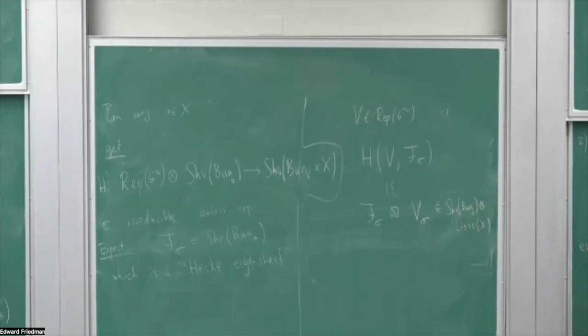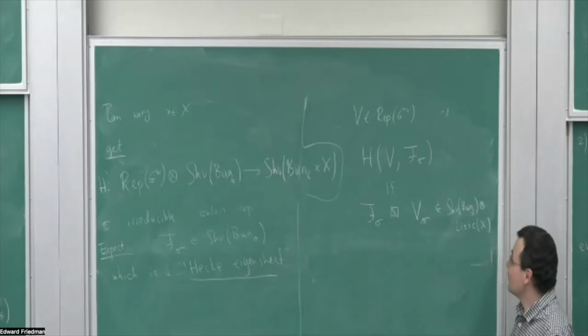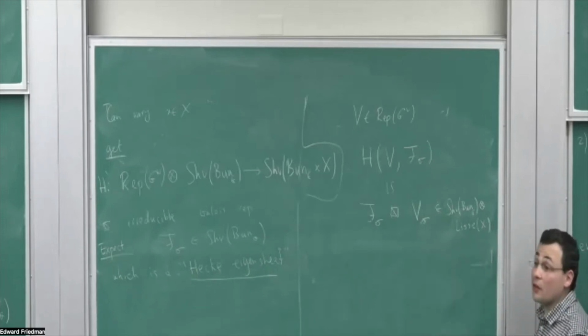So these will mean the full subcategory of sheaves on X, which have this local constant property. So this automatically is true because this is a local system. Yeah, exactly. So the sigma here is the eigenvalue.